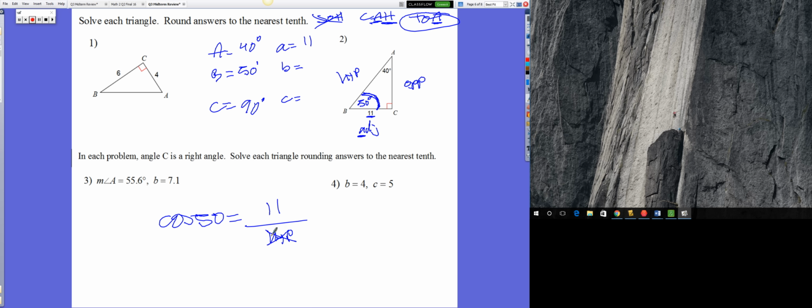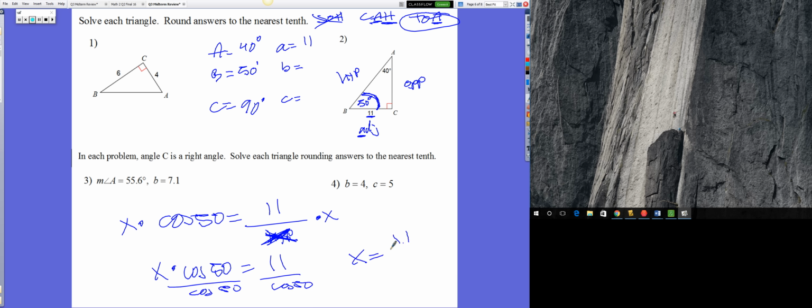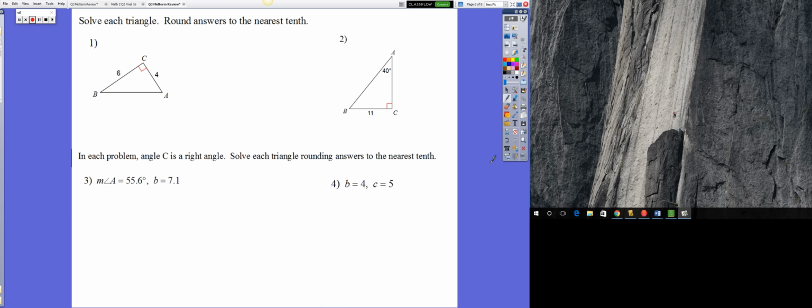To get x by itself, you got to get it out from underneath. So you times by x on both sides. So you have x times the cosine from 50 equals 11. Now to get x by itself, get rid of the times cosine 50. So divide by cosine 50, divide this by cosine 50, and x is going to be 11 divided by cosine 50. That on your calculator is going to give you the same as the tangent. And then once you have this side, just do Pythagorean theorem to find the missing side. Or you could do trig.